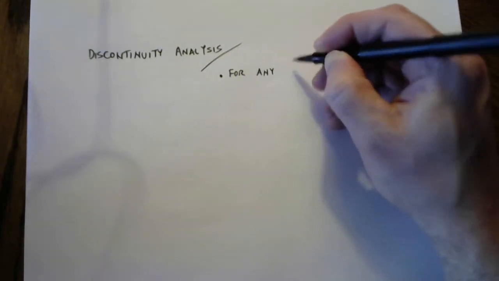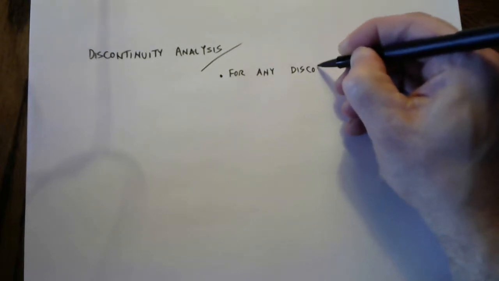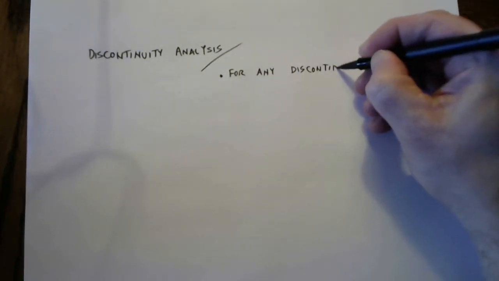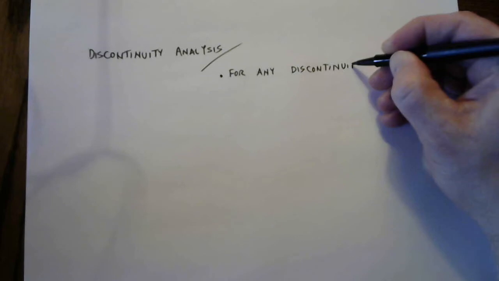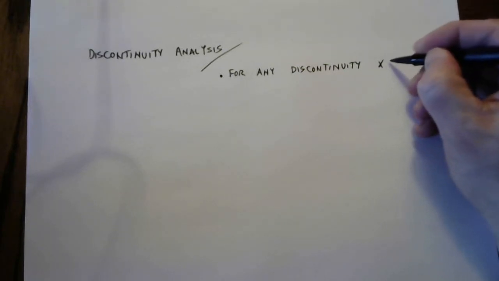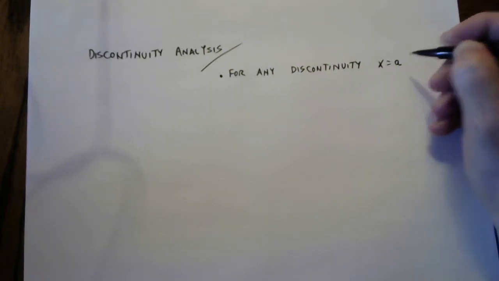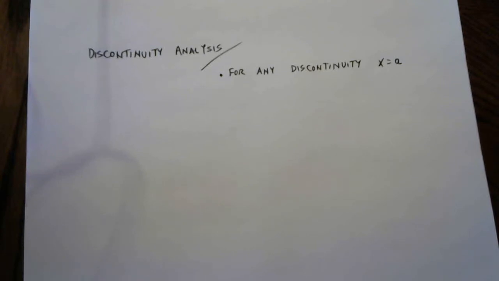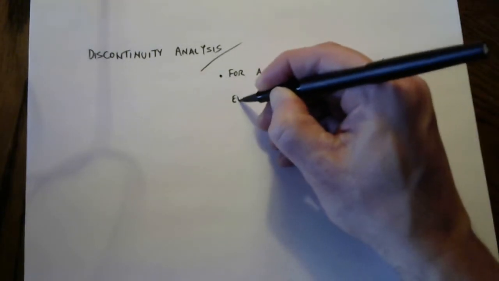For any and all discontinuities, we'll just give it a fake number, A. So say you have discontinuities at 2 and 3. You will do this for x equals 2 and x equals 3. This is an old problem.